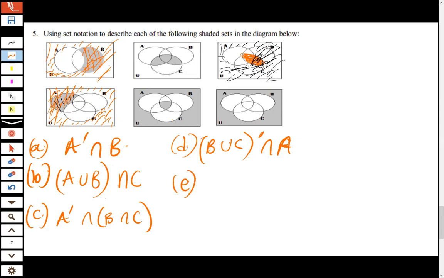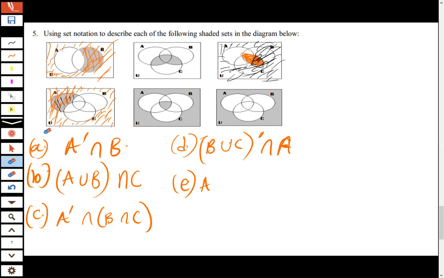I mean, this other set E. So this one, the shaded part, we have A intersection B intersection C shaded, but there's also A union B union C complement shaded.